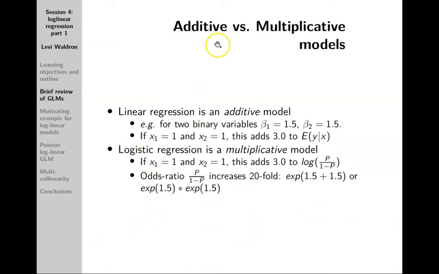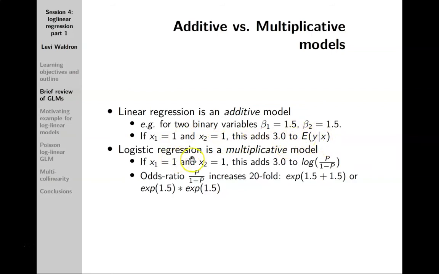We talked a bit about additive versus multiplicative models, and recall that linear regression is an additive model because the effects of independent predictors add to each other. So in an example with 2 coefficients of 1.5, if those binary variables are both equal to their indicator value 1, then it adds 3 to the expected value of y.